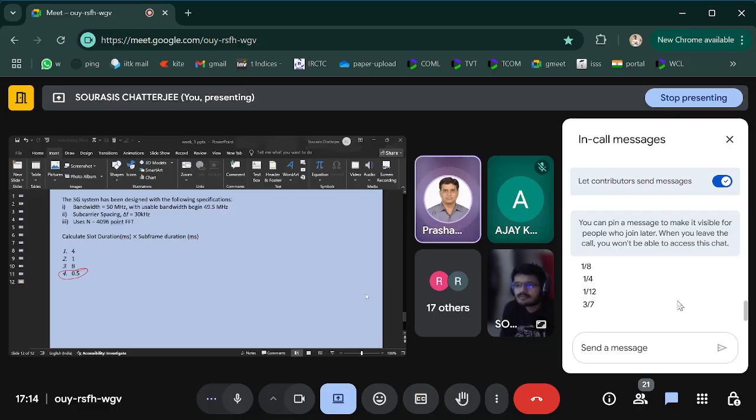ChatGPT says 3 by 7, but it doesn't tell how to compute, right? Okay, my guess is 1 by 12, but I'm not really sure about that.